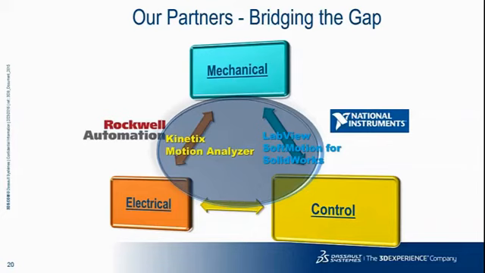So we've got Rockwell Automation with their Kinetix Motion Analyzer, and National Instruments with LabVIEW SoftMotion for SOLIDWORKS. I'm not going to get into a lot of detail on that, but these are two products you might want to look into to help you improve the communication to the electrical and controls people.